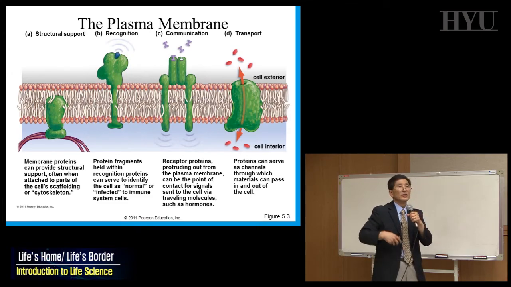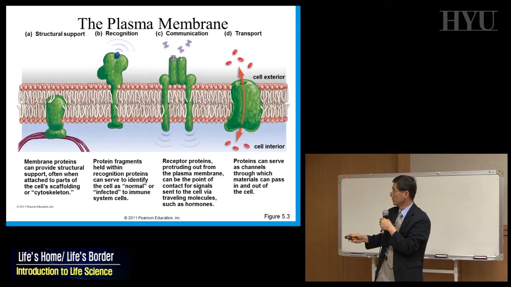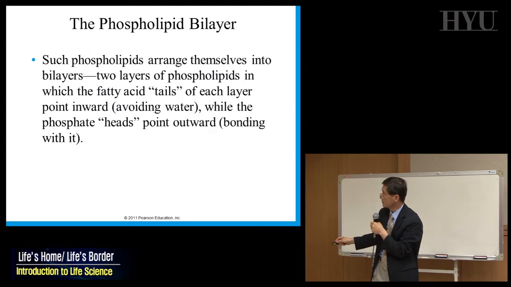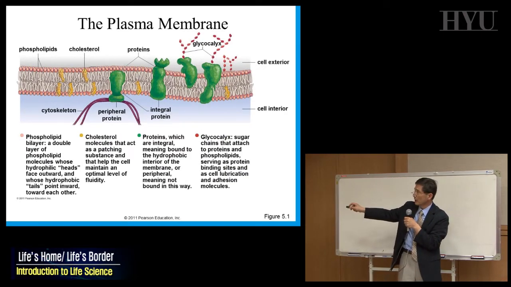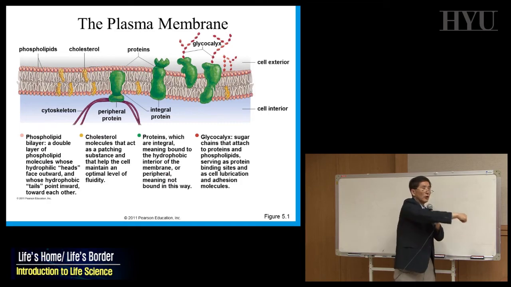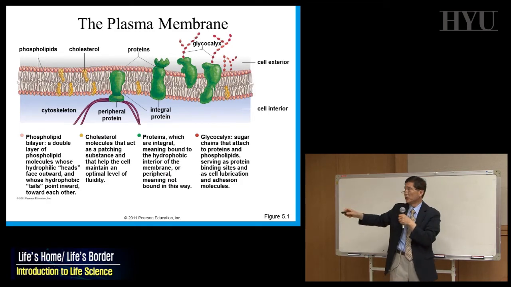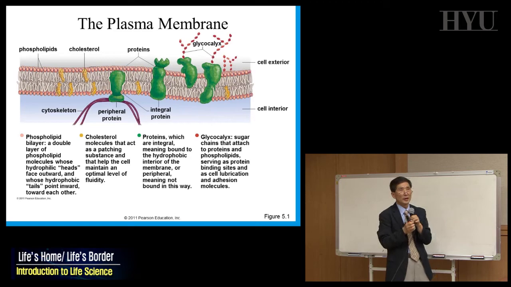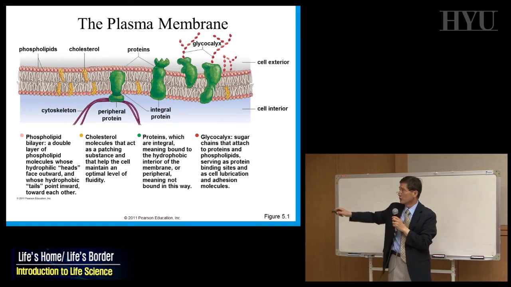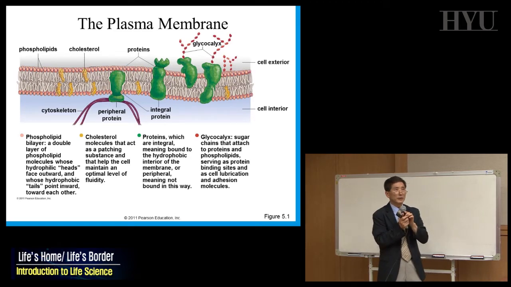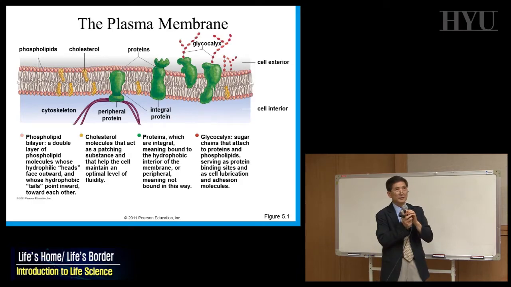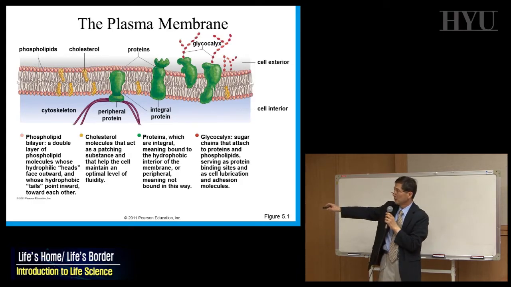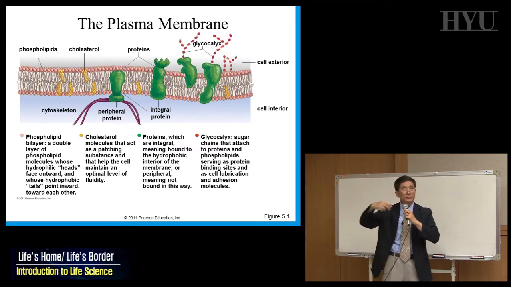We call it integral membrane protein. It's the protein that goes all the way through the membrane. Another type is just barely touching the membrane. We call it peripheral. It's just like English class, right? Peripheral and integral protein.